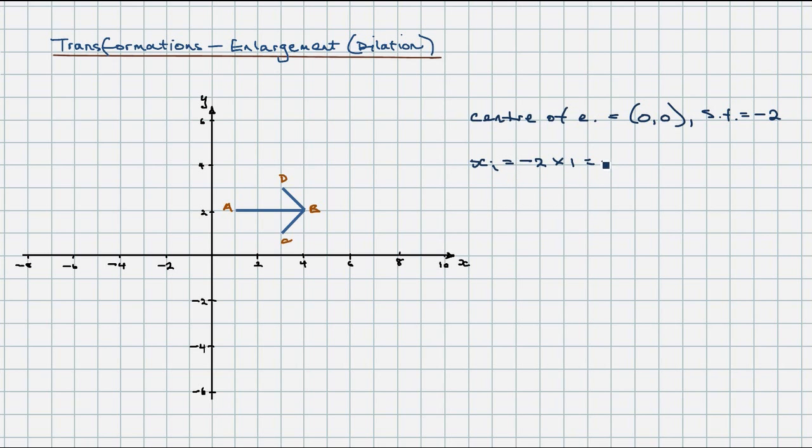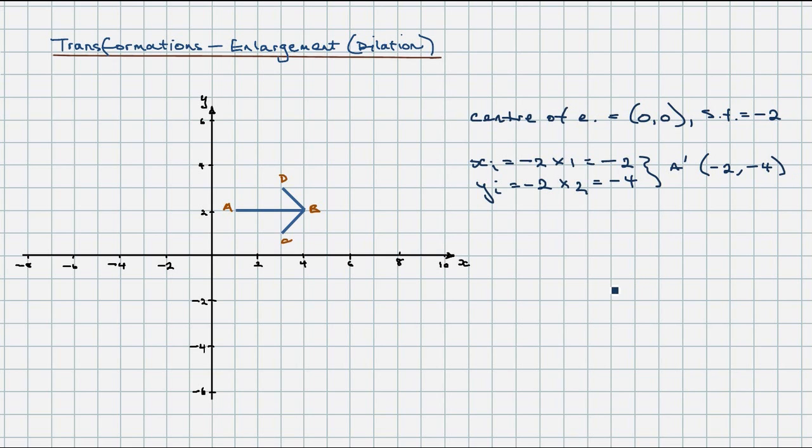There we go. So the y coordinate of the image is going to be minus 2 again, so that's the scale factor, times, well, what's the y coordinate of A? 2. So minus 2 times 2, minus 4, giving us the coordinates of A prime as minus 2, minus 4.